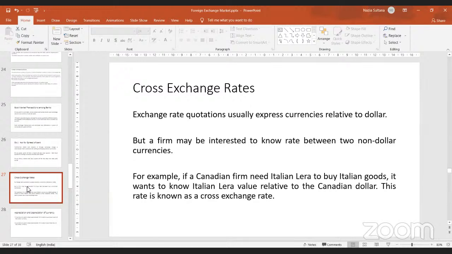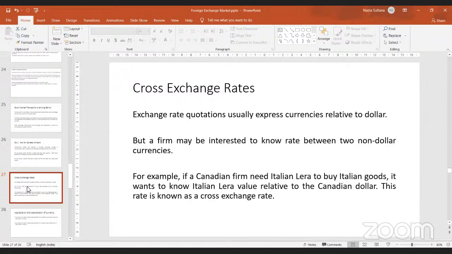It applies to whichever is a non-dollar currency. Dollar here is not the US dollar, but any other currency which is relative to the dollar. Different countries of the world use their own modified currencies, which draw their value from the dollar.